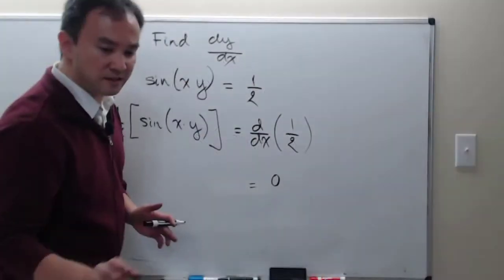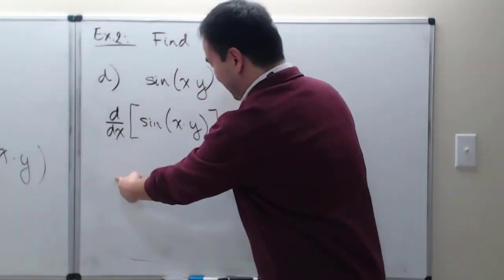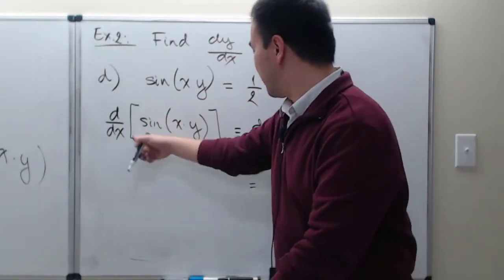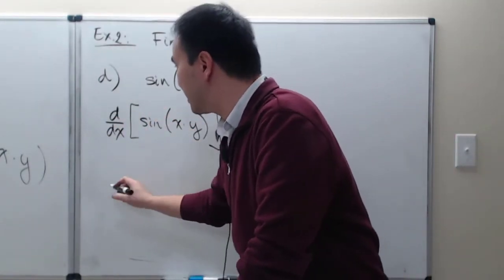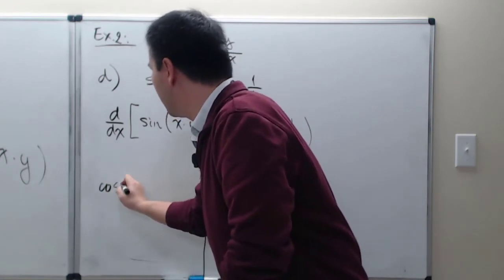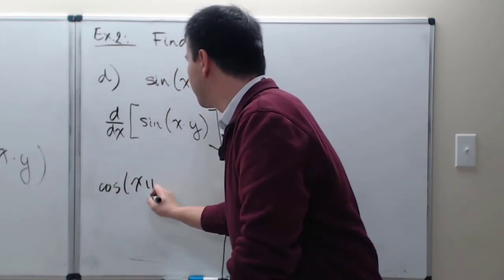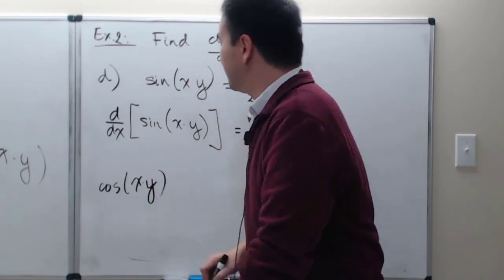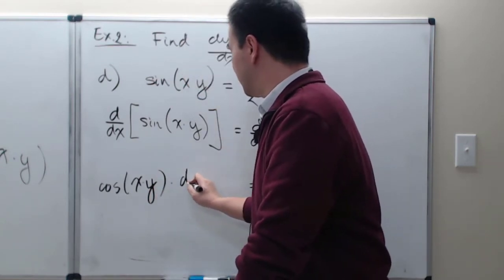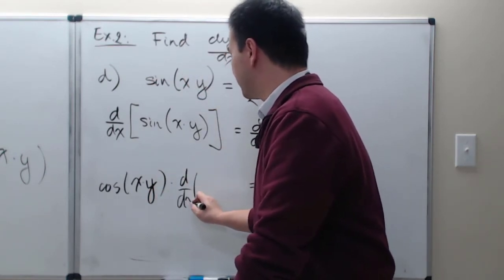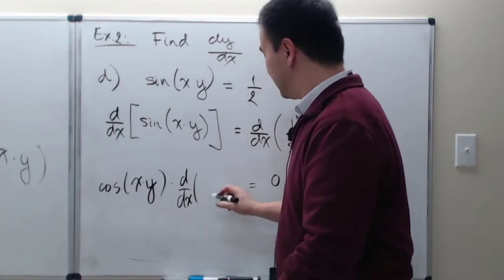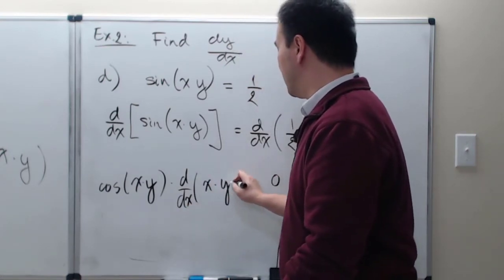So the derivative becomes cosine of xy, x times y, multiplied by the derivative with respect to x of the product x times y.